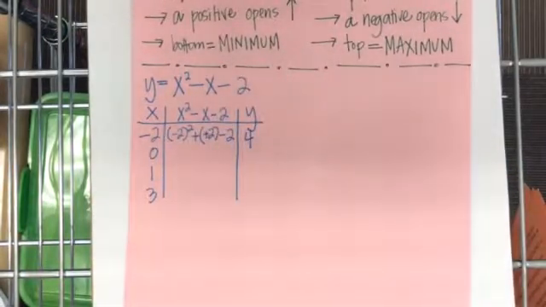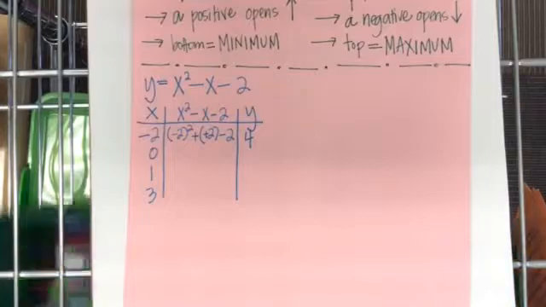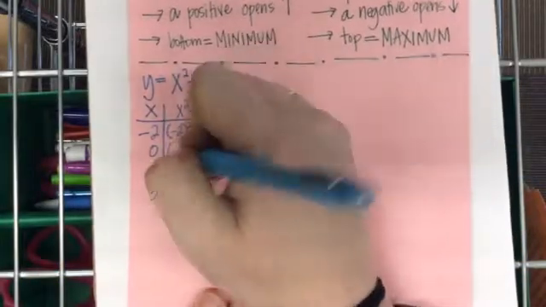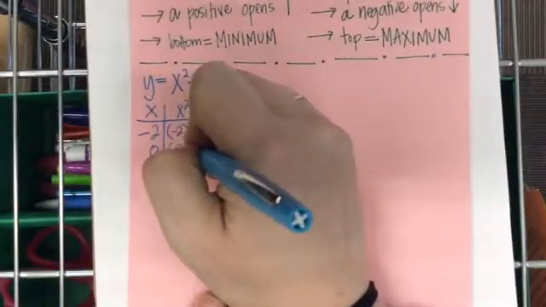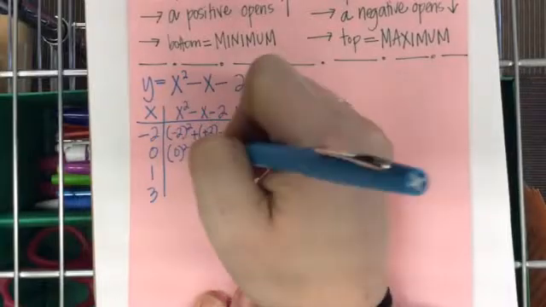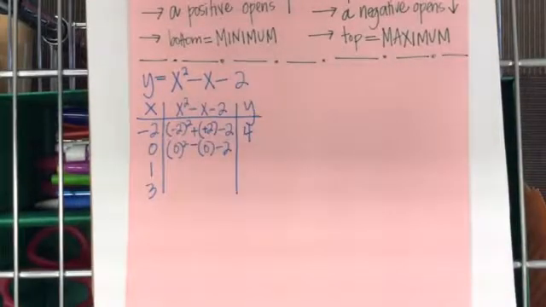So y is 4. All right, substitute again. 0 squared minus 0 minus 2. 0 times 0 is 0. Minus 0 is minus 2.